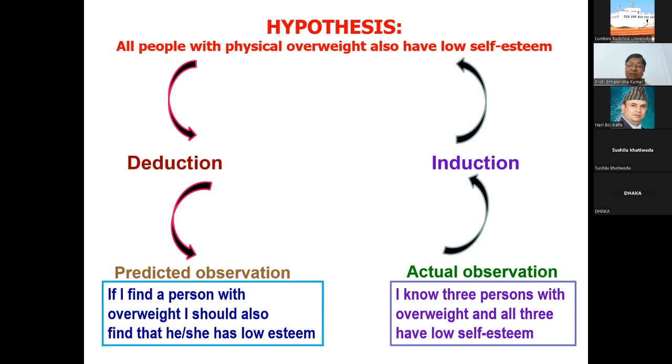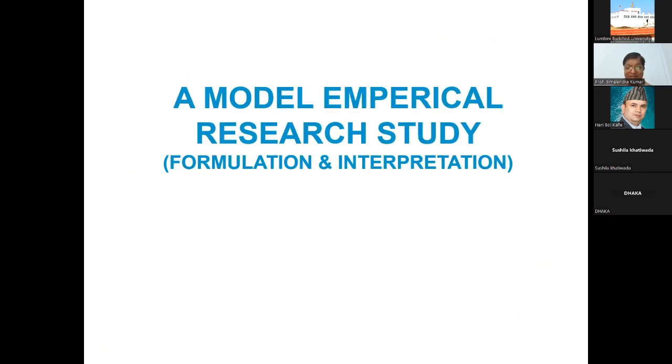Then through the induction approach, the actual observation is: I know three persons with overweight and all three have low self-esteem. So this is how the deductive approach or inductive approach works. Through an example, we can understand it.